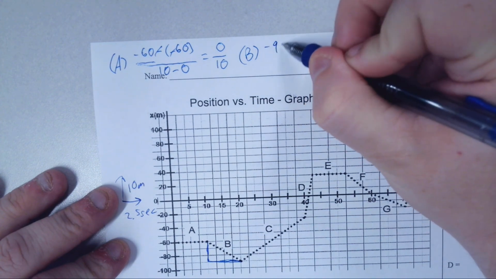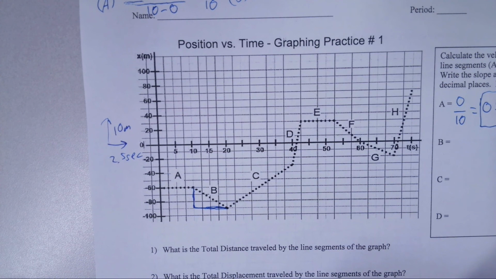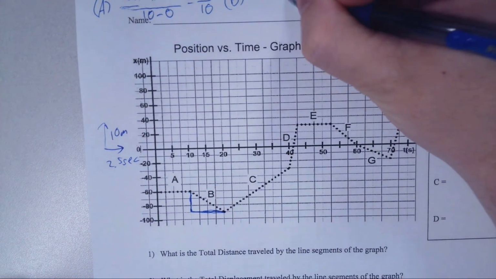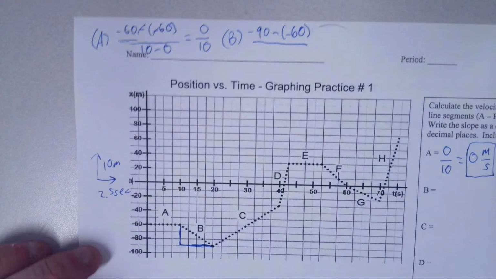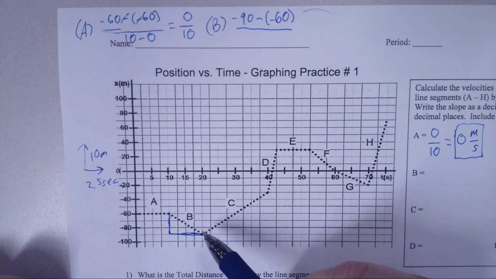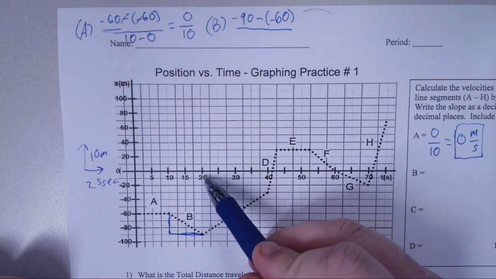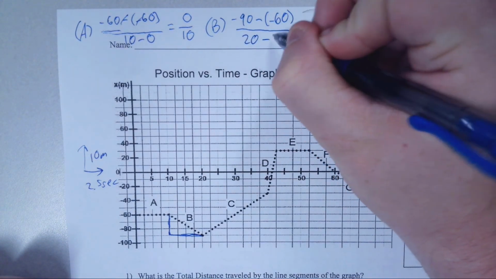So for B up here, we got negative 90 minus, and where did it start at for B? Negative 60. Yep, negative 60. And then for time, we can see here it ended at 20 seconds and started at 10, so that is 20 minus 10.